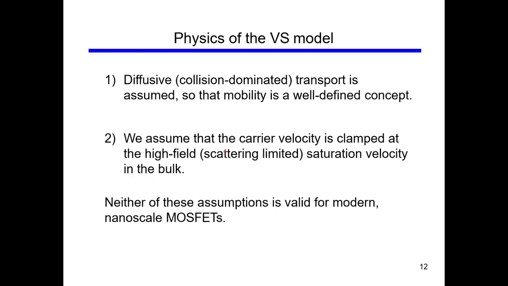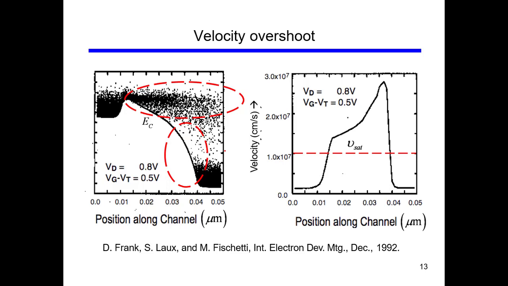So let me skip this one, but this is for example one exception, that the velocity saturated model assumes that the velocity should be maximum at this value, but in reality the velocity is something like this in modern transistors.